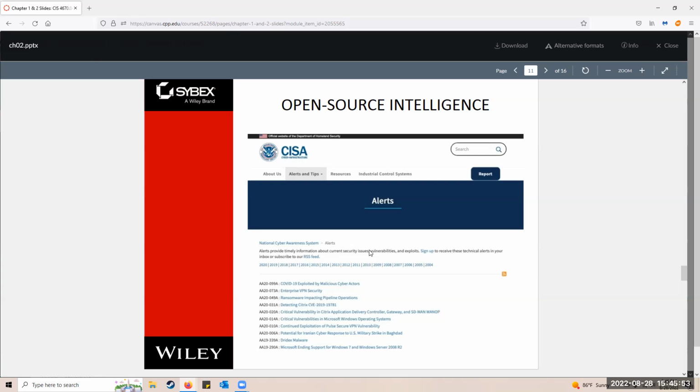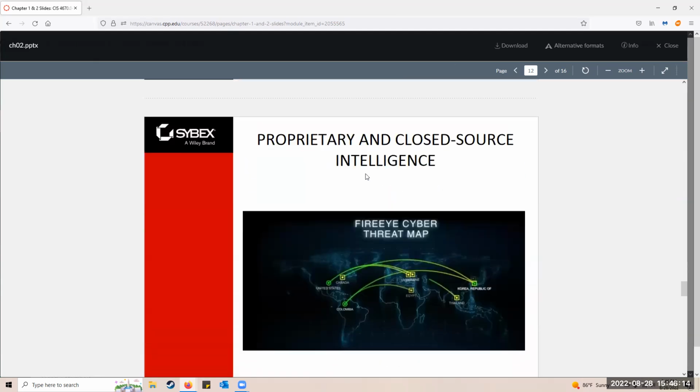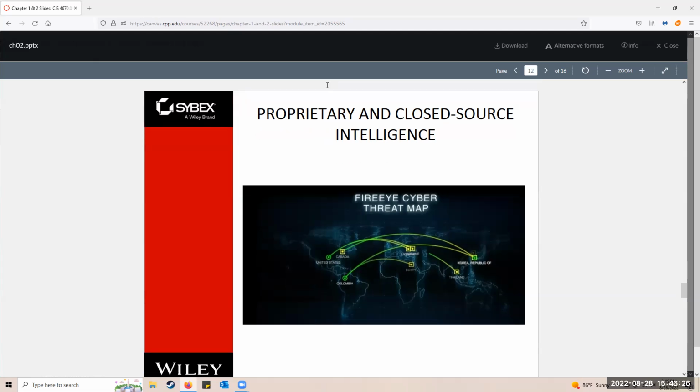As of this class, fall 2022, the CIA, FBI, and NSA have joint task forces working to find people who are perpetrating against U.S. assets in order to expose damaging material. Proprietary and closed source intelligence basically allow countries or groups to communicate independently of their country or group.